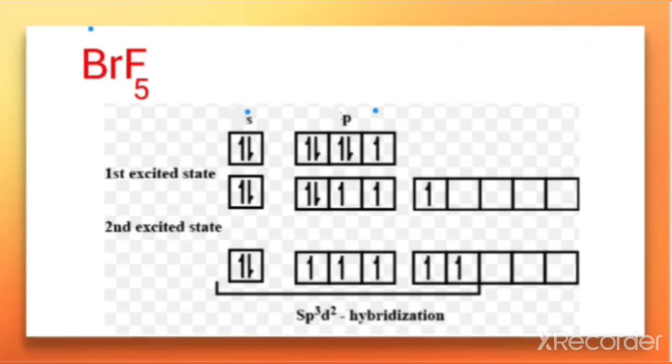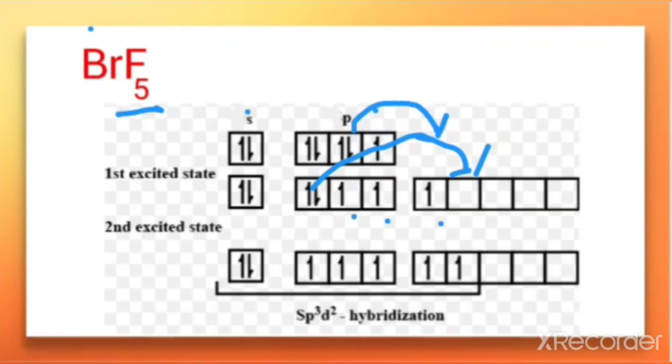Because 5 fluorine atoms are the terminal atoms, 5 unpaired electrons are needed. In the first excited state, due to the excitation of one of the electrons to the vacant d orbital, we can see 3 unpaired electrons are available. But how many fluorines are there? 5 fluorines are there. So one more pair has to get excited.